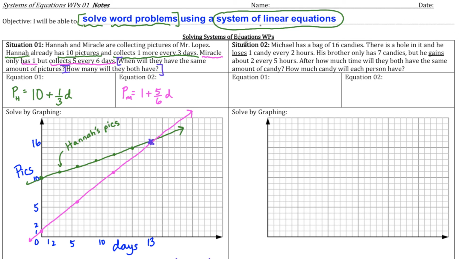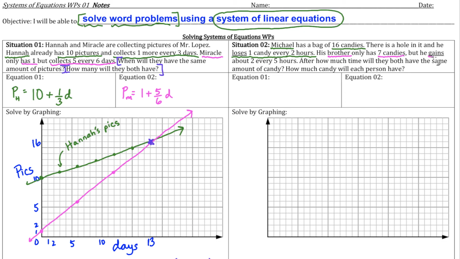All right, so situation 2. We start off with Michael. Michael has a bag of 16 candies. There's a hole in it, and he loses about 1 candy every 2 hours. His brother, on the other hand, only has 7 candies, so he has less candies.